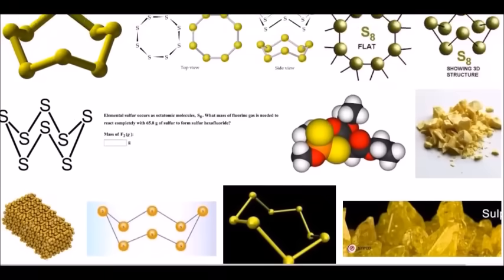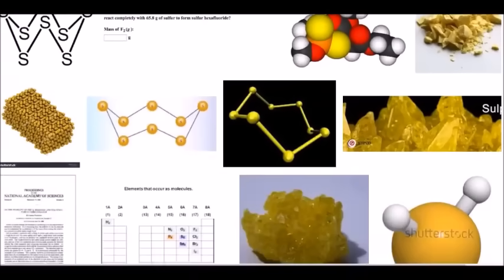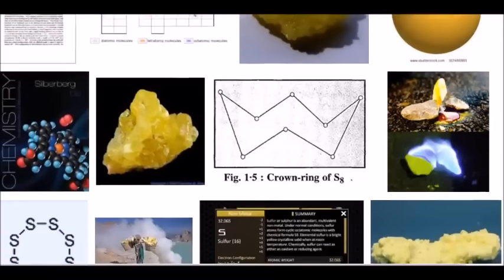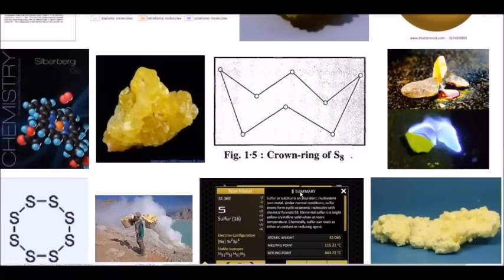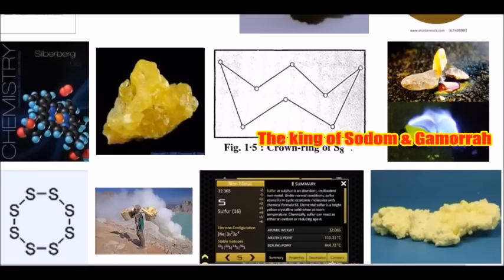And as I was scrolling down, I said, this looks a lot like a crown. And whose crown might this be? And when I got to this image, it confirmed that it looks like a crown because they call it a crown ring. This is the S8 stable molecule of sulfur that is an antiprism.